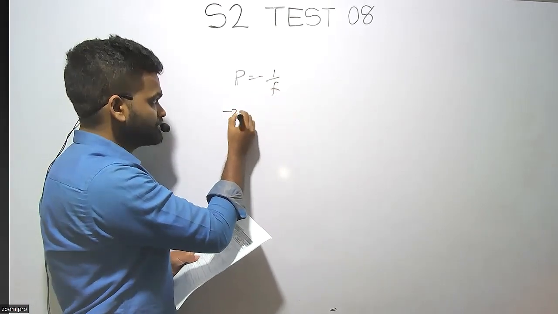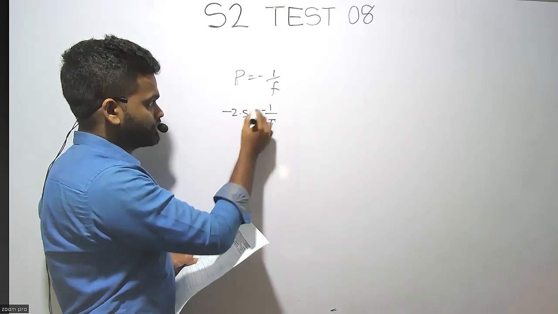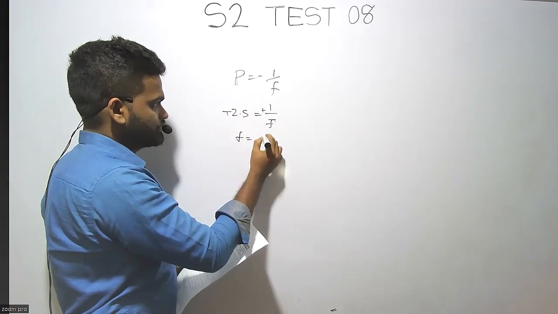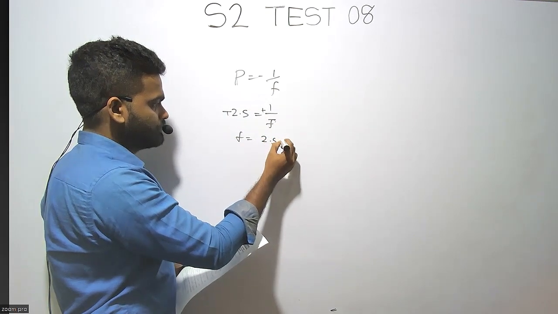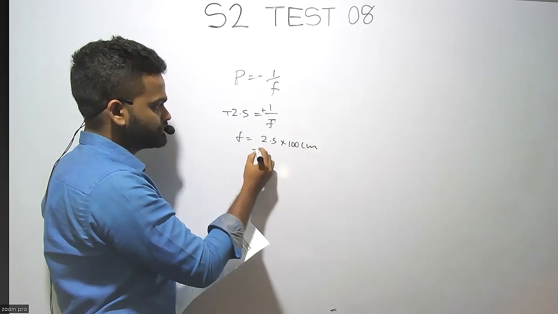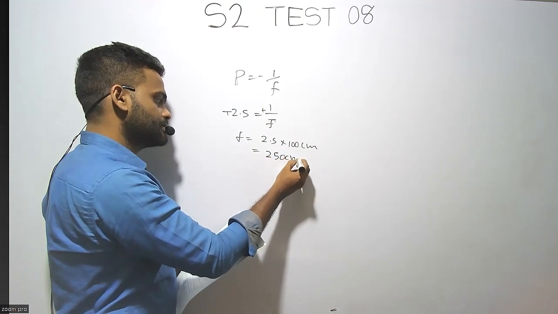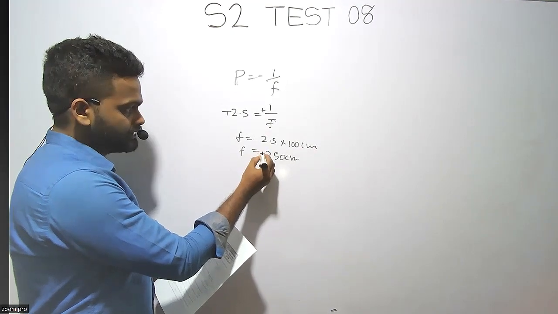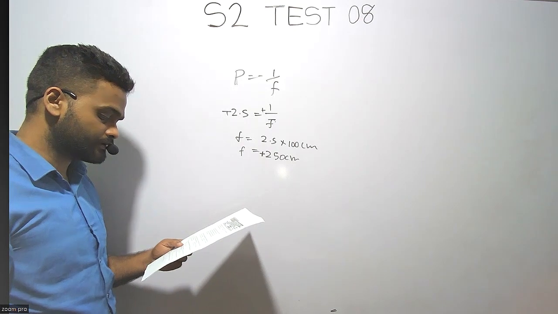So P is minus 2.5, equals minus 1/f. The minus signs cancel, then f is equal to 2.5 meters. To convert into centimeters, you multiply by 100. So you get 250 centimeters as the focal length. It is a positive value, so it is clear that this should be a concave lens, right?